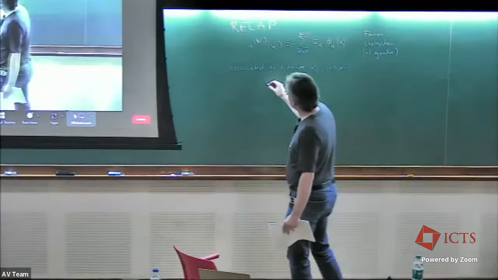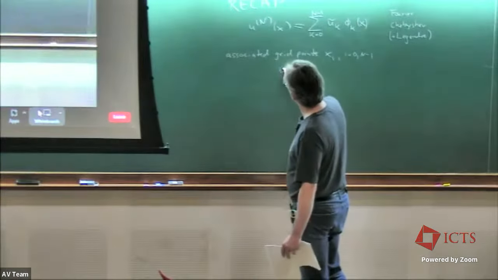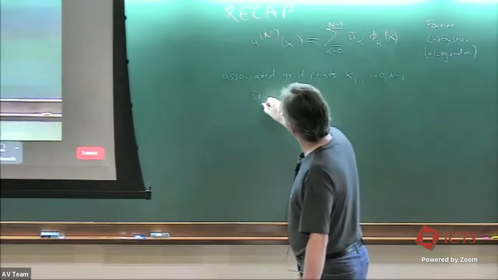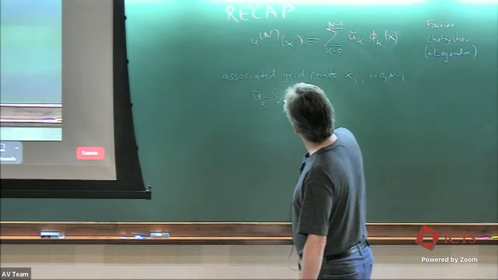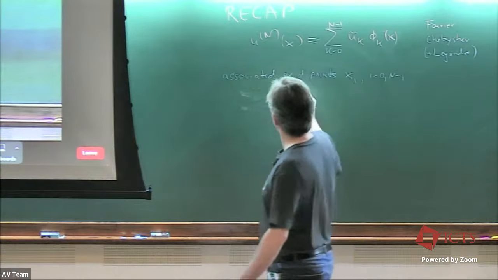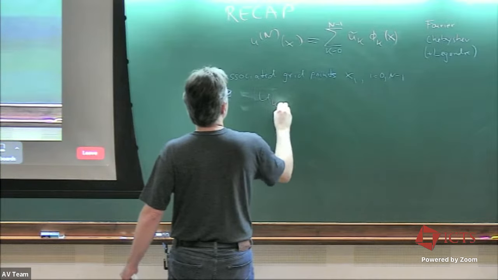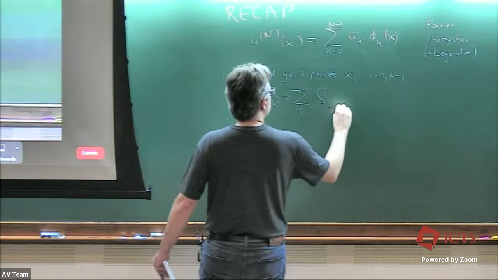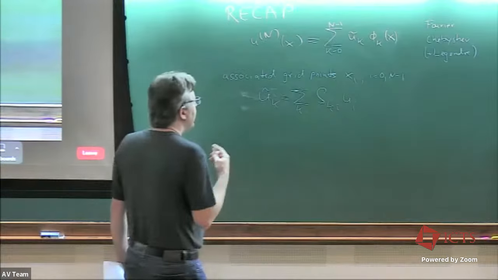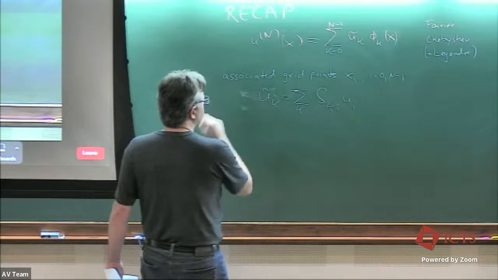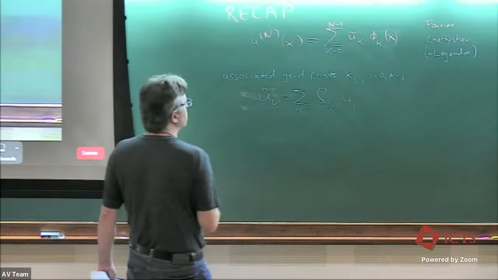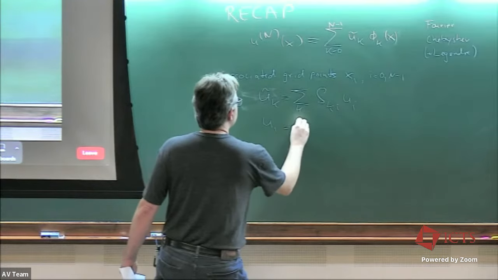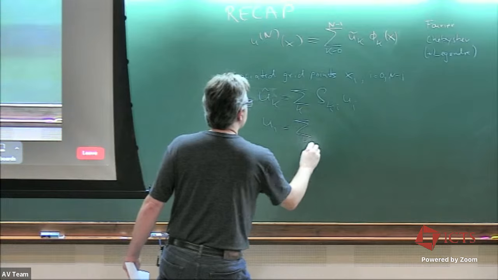If we have u at the grid points, we can get the spectral coefficients by one matrix multiplication. If we have the grid point values, we get the spectral coefficients. If we have the spectral coefficients, we can get back the grid point values.